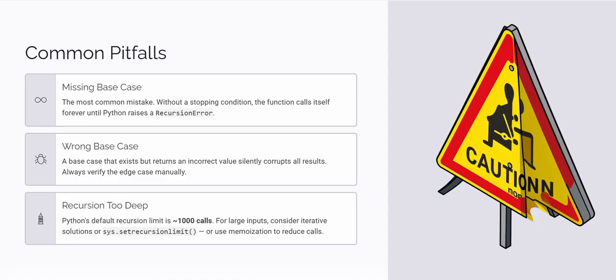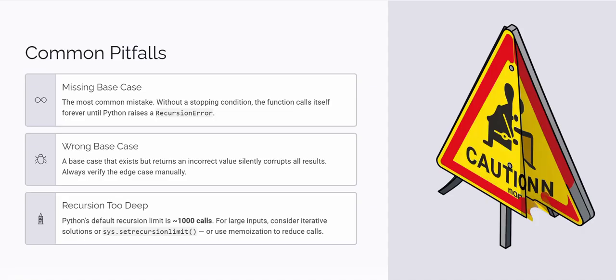This is the error that mostly everybody makes, that you forgot to specify the base case. So the most common mistake: without a stopping condition, the function will call itself forever until Python raises a recursion error.